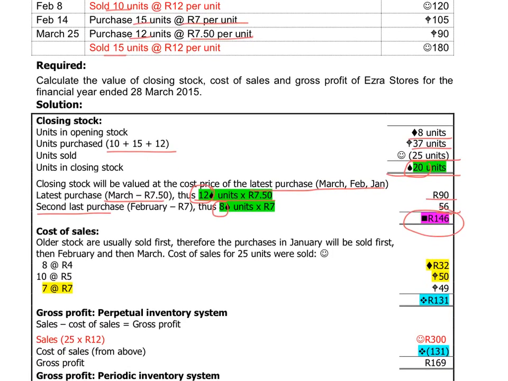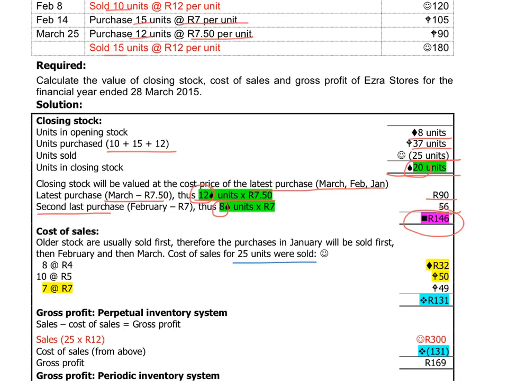Then we will calculate the cost of sales figure. Older stock is always sold first, so the things that we bought in January will be sold first, then the things that we bought in February, then in March. And we sold a total of 25 units, so we must determine the cost price of the 25 units.